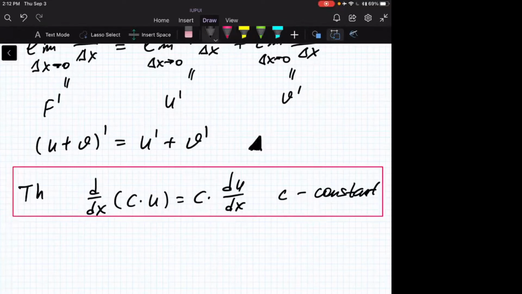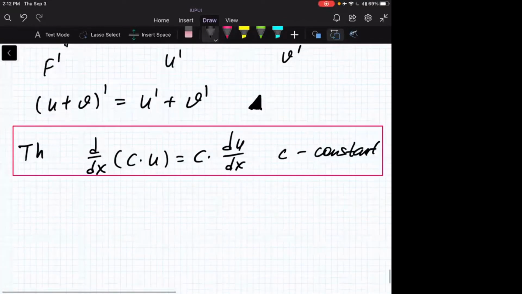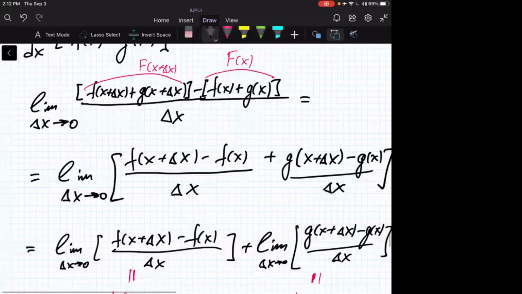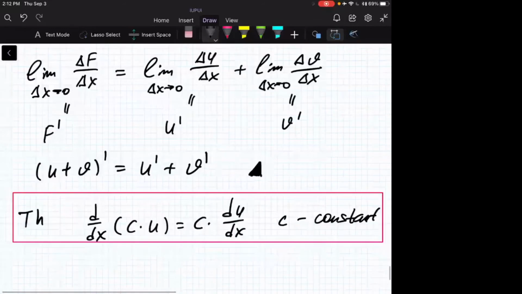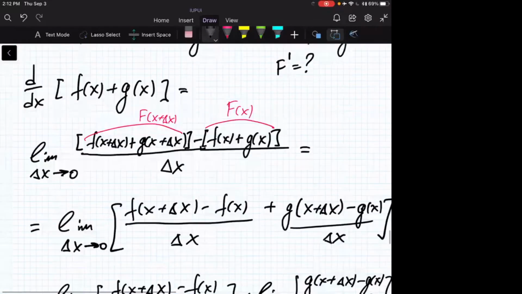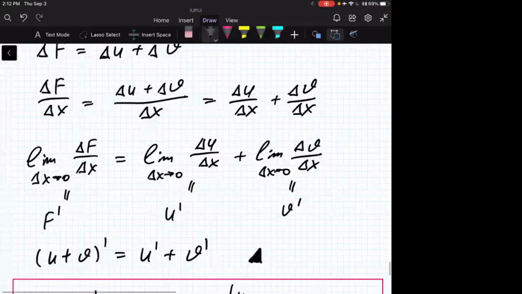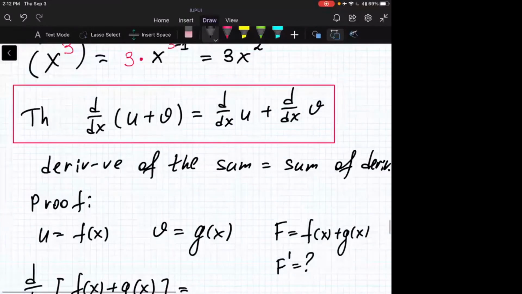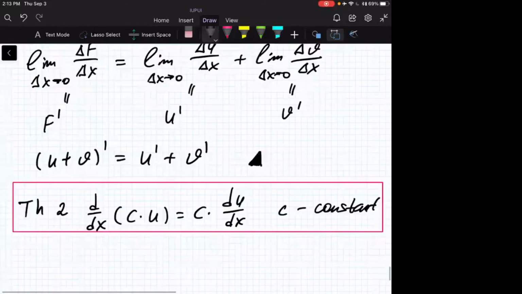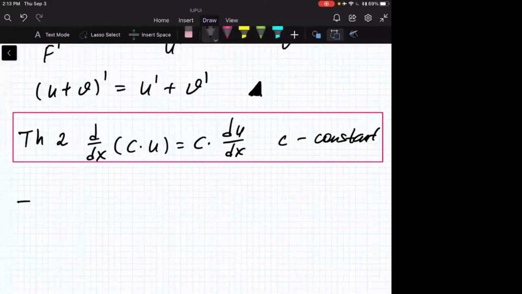It's not difficult to prove, and that's why it's an exercise. But now we have powerful tools. Another theorem is about the sum; let's call it the first theorem. This is the second.